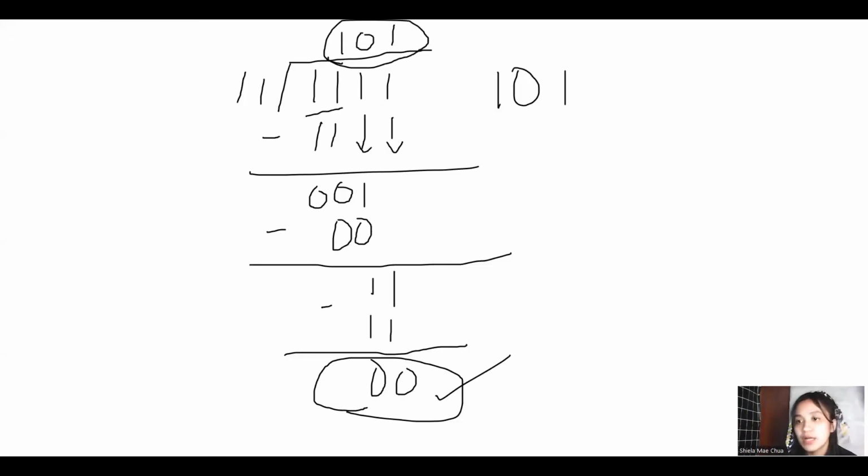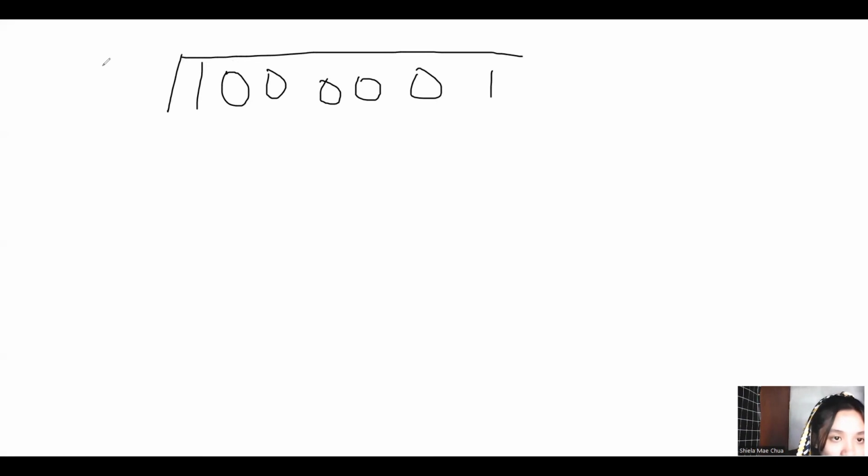Now let's proceed with our next example. We have 1, 0, 0, 0, 0, 0, 1 divided by 1, 0, 1.